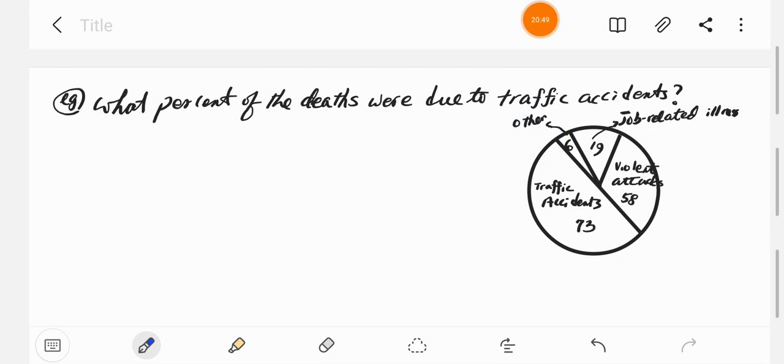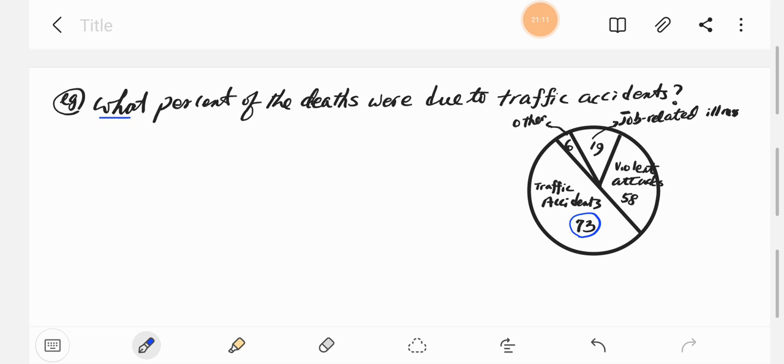From this pie chart, what percent of the deaths were due to traffic accidents? These numbers indicate the number of deaths in each category. The traffic accident figure is 73, so 73 deaths due to traffic accidents out of all these numbers.